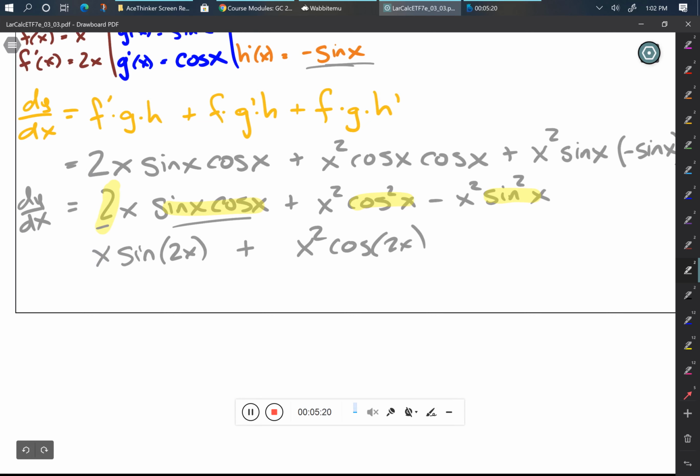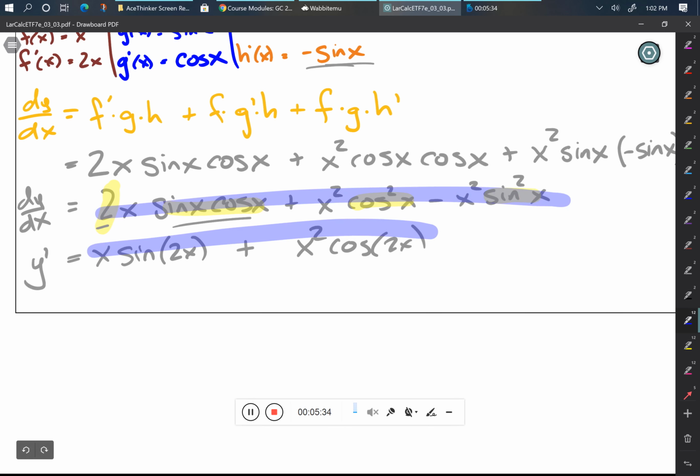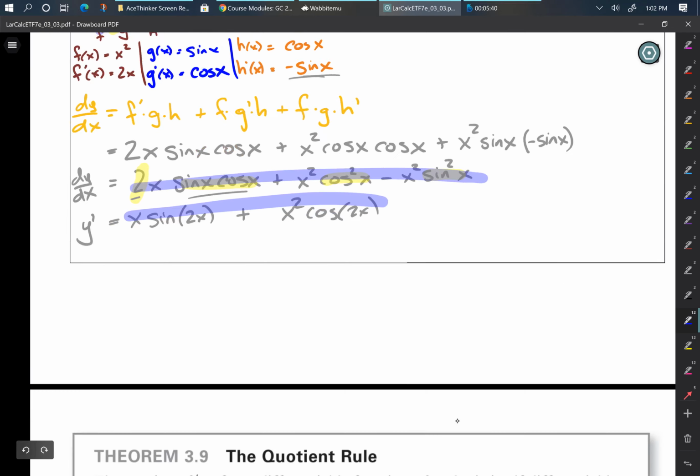I'm not sure if that's an advantage or not, but it could have become x sine 2x plus x squared cosine 2x. I don't know. Some people would make the argument that this is better because it's only 2 terms versus 3 terms, but I don't see a need to do it. Okay? It was just talking to me, so I thought I'd look it up.